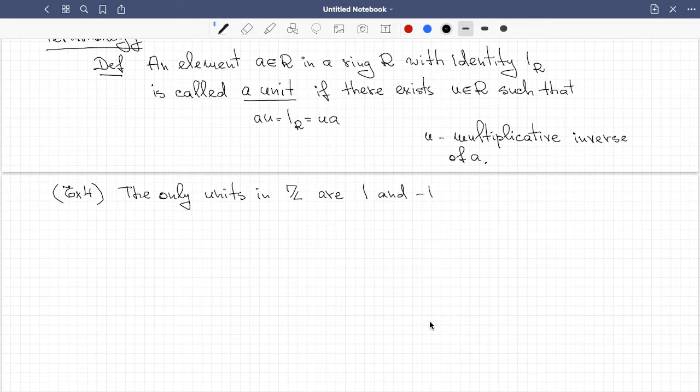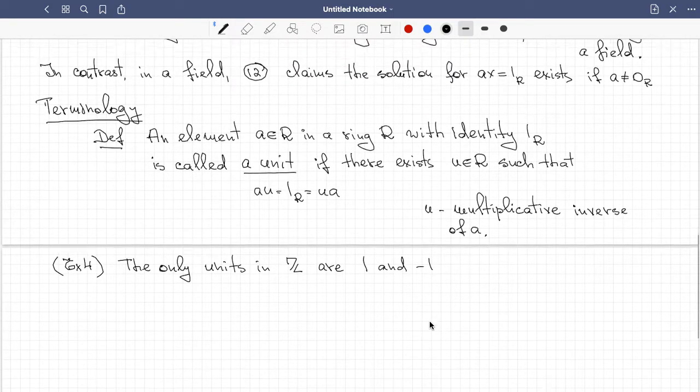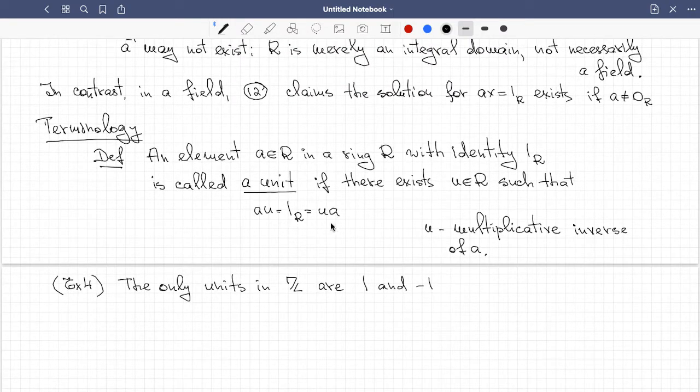From the definition of field, we see that the field is commutative, so we don't need two of them, and the definition of field requires the equation to have a solution as soon as A is not 0.